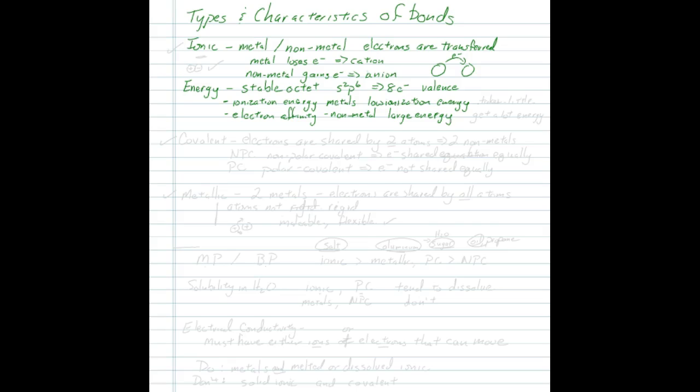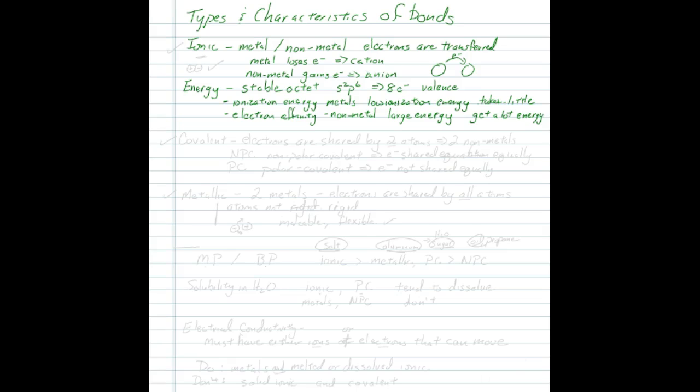So it takes very little energy to remove an electron from a metal, and you get a lot of energy when you add an electron to a nonmetal. So between the two, any process that proceeds spontaneously or easily in nature, you end up with less energy. A rock rolling down the hill has less energy at the bottom, so that's why rocks roll down the hill.